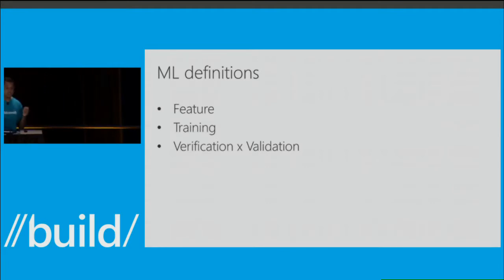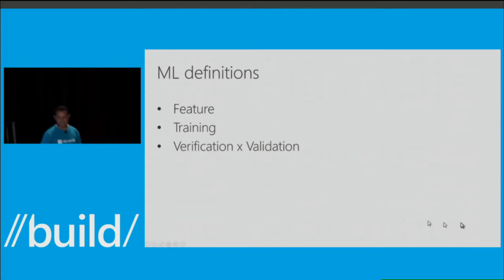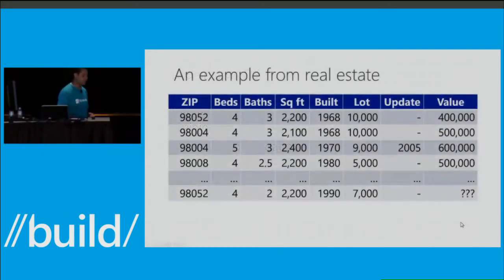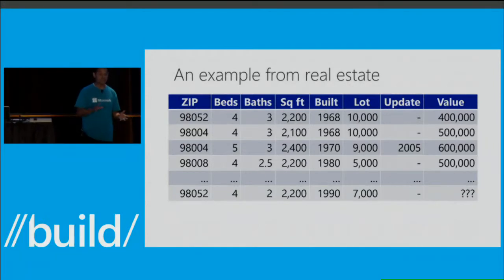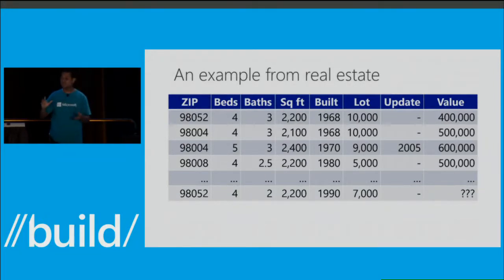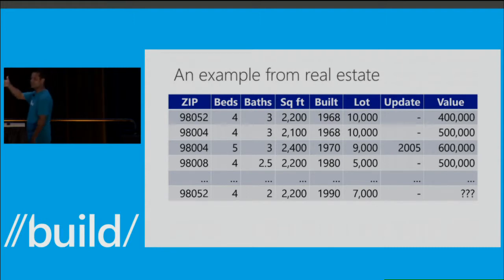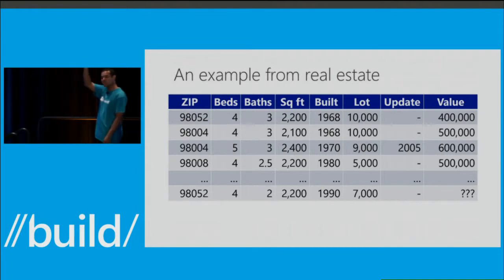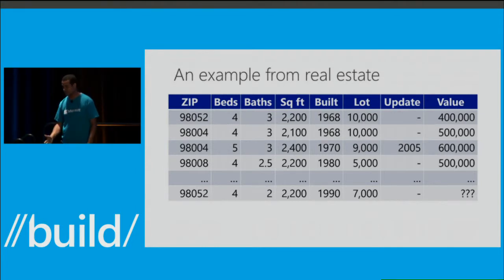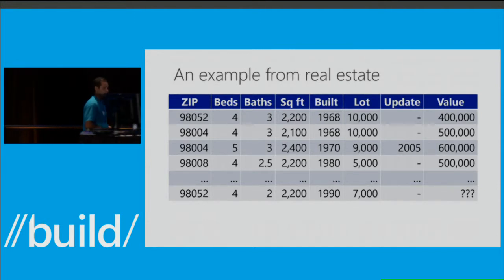So just to make sure everybody is at the same kind of base level here, if our problem instead was to find the price of a house based on features, typically you would collect a bunch of data like this, and each column there is what we call a feature. Okay? So the number of bedrooms, the zip code, all those things are features.